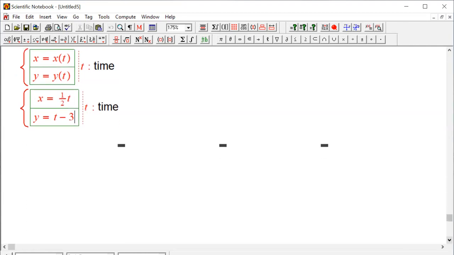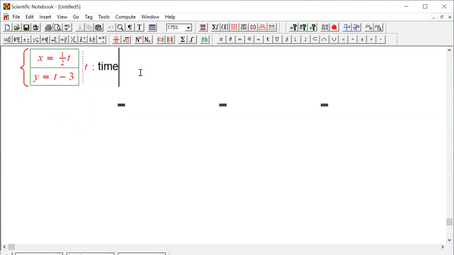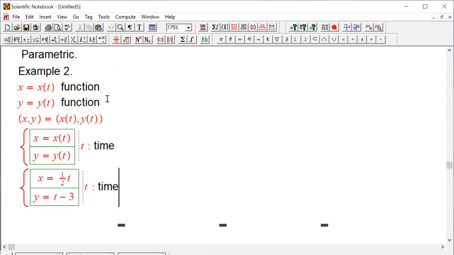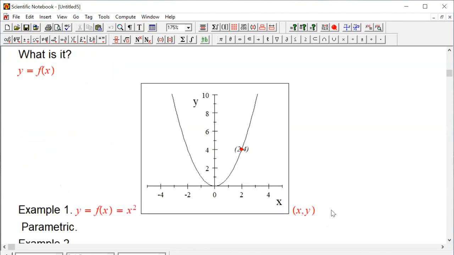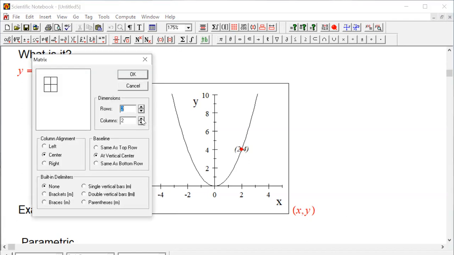When we plot the graph, instead of just doing a table like we did for y equals x squared, we just have to make a table, say, with 3 columns and a number of rows.